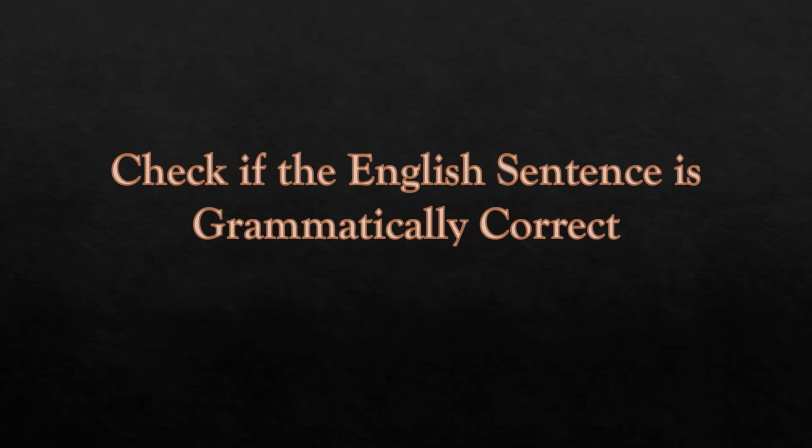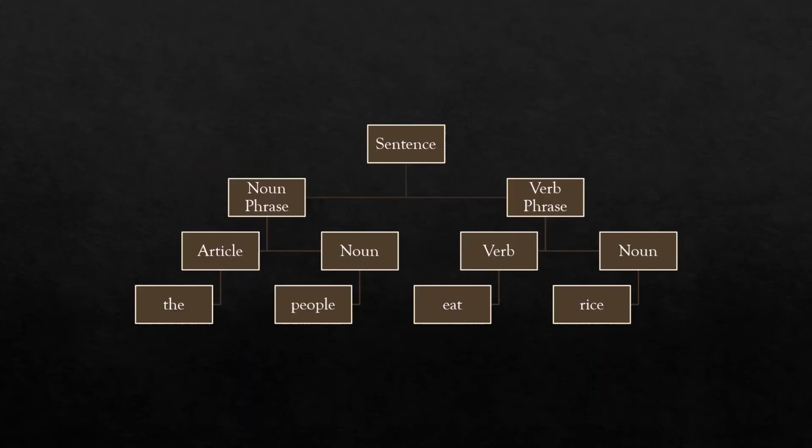Fifth example, what data structure can be used to check if an English sentence is grammatically correct? A parse tree or a tree structure is typically used to check if a sentence is grammatically correct. For example, the root sentence has two children, noun phrase and verb phrase.